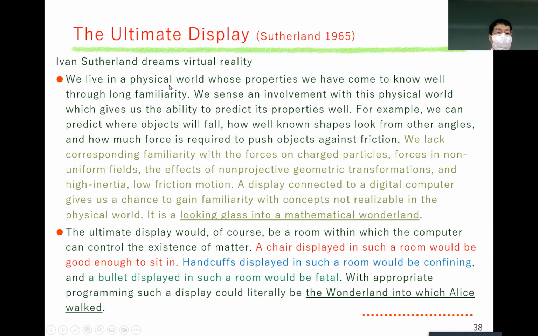We live in a physical world whose properties we have come to know well through long familiarity. We sense an involvement with the physical world, which gives us the ability to predict its properties well. For example, we can predict where an object will fall, how well-known shapes look from other angles, and how much force is required to push an object against friction.